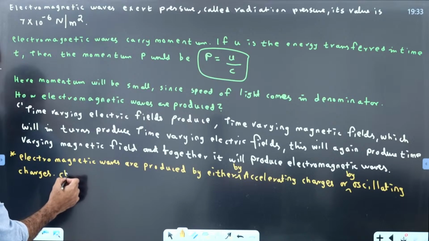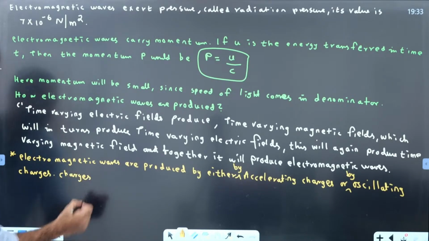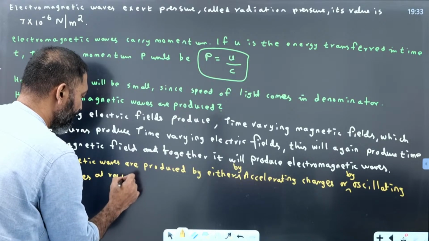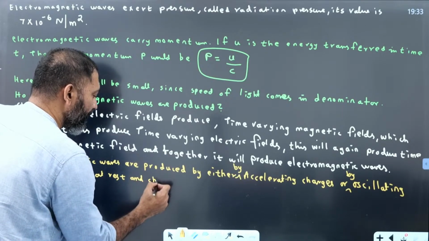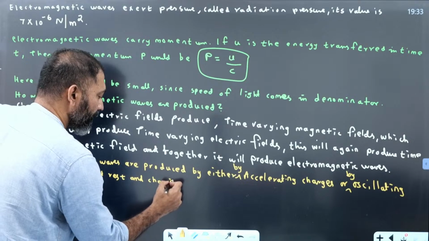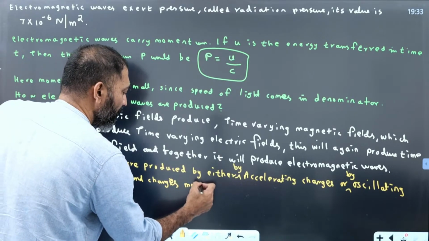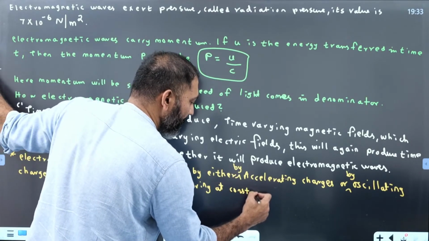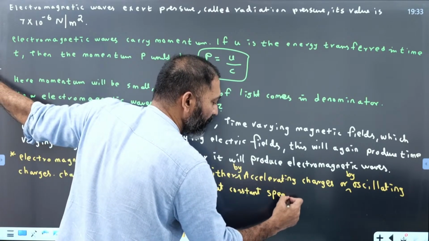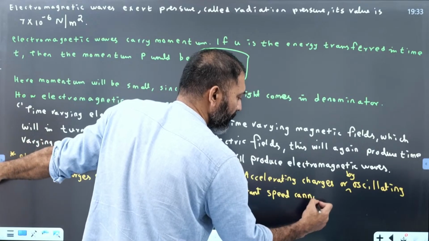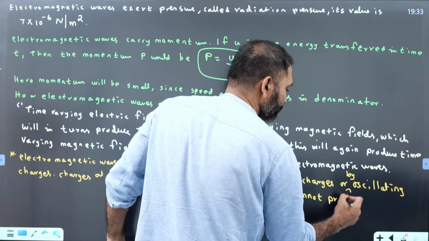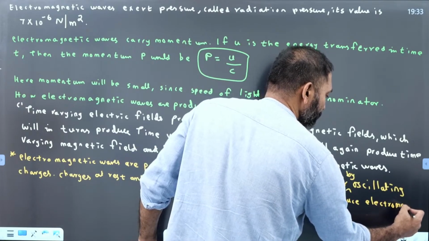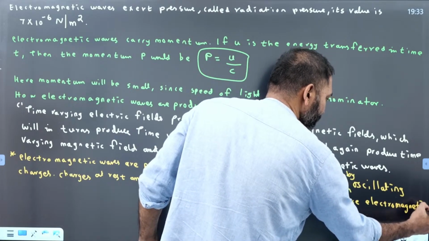Remember, charges at rest, that is stationary charges, and charges moving at constant speed cannot produce electromagnetic waves.